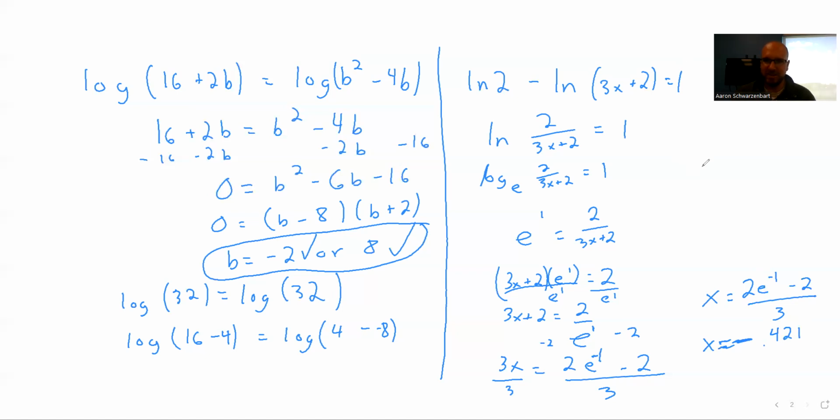So when I check, I do ln of 2 minus ln of 3 times negative 0.421 plus 2, and this should equal 1. That's going to be a calculator problem.